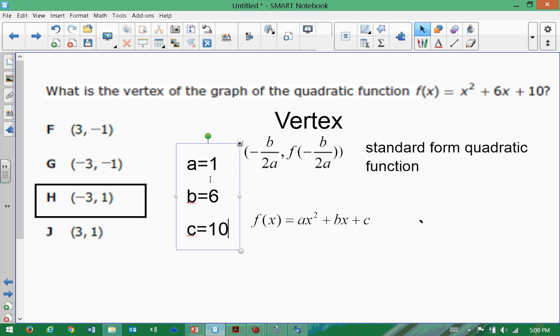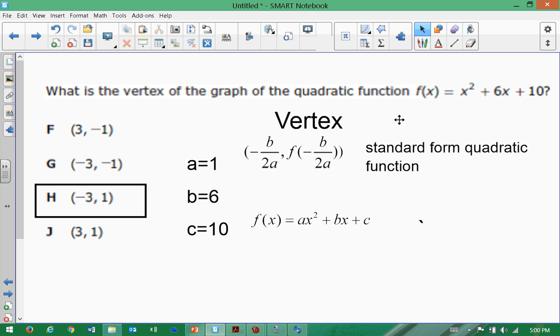Of course, for the vertex, all I really need to know is b and a. So let's substitute those values into my vertex formula.